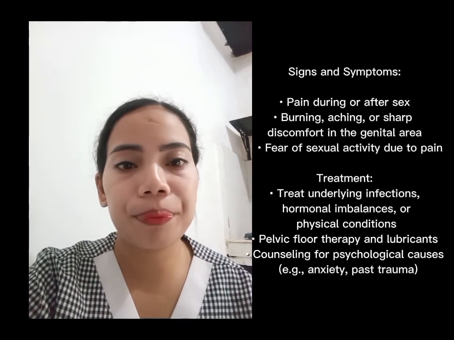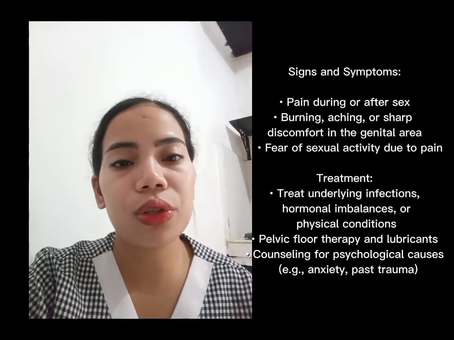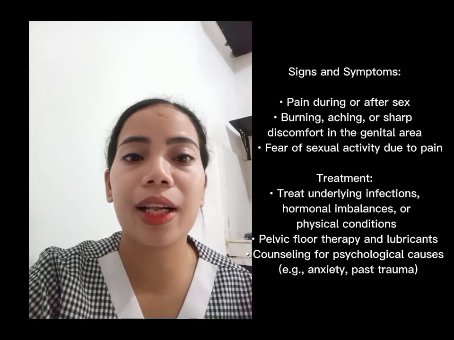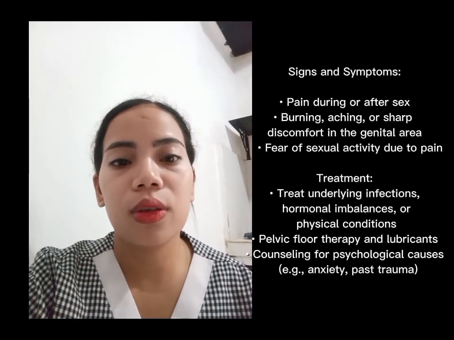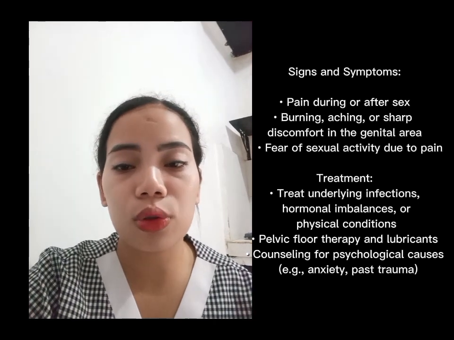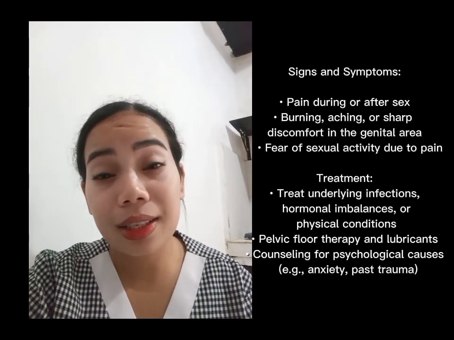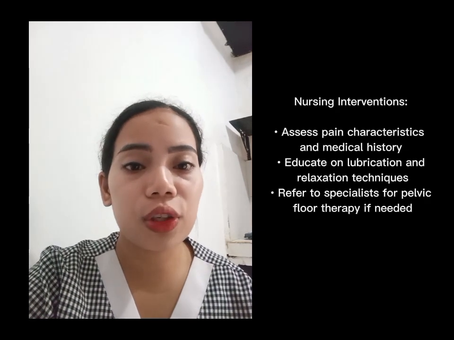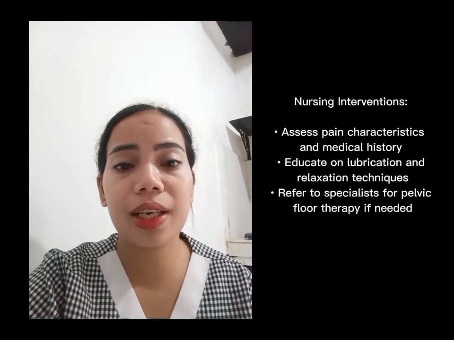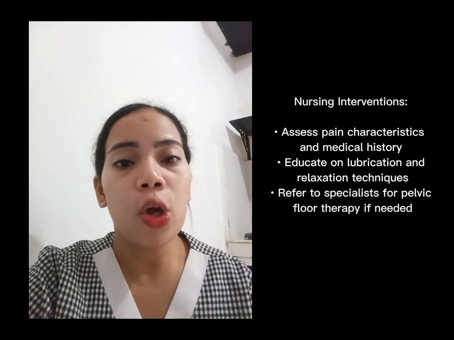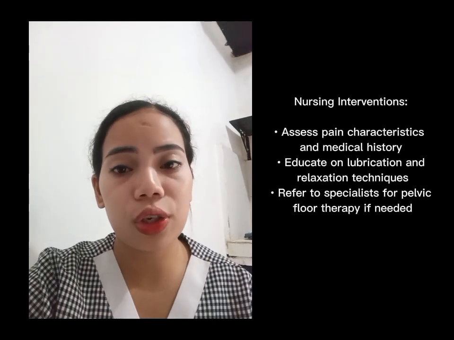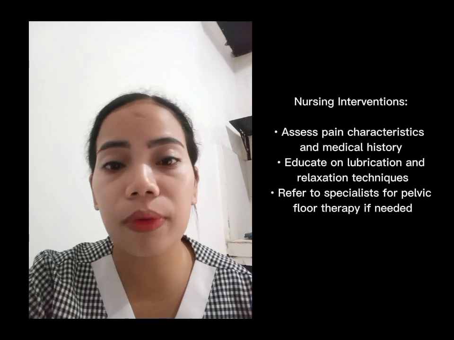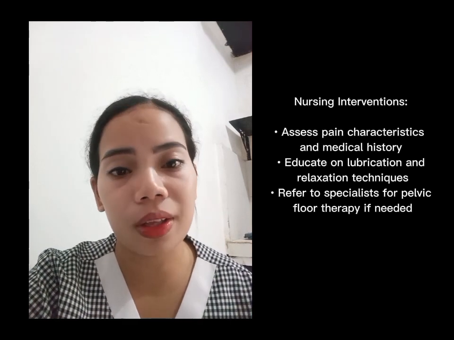For the treatment, we should treat the underlying infections, hormonal imbalances or physical conditions, and also counseling for psychological causes like anxiety or past trauma. For the nursing intervention, we should assess the pain characteristics and medical history. We should educate on lubrication and relaxation techniques and refer to specialists for pelvic floor therapy if needed.